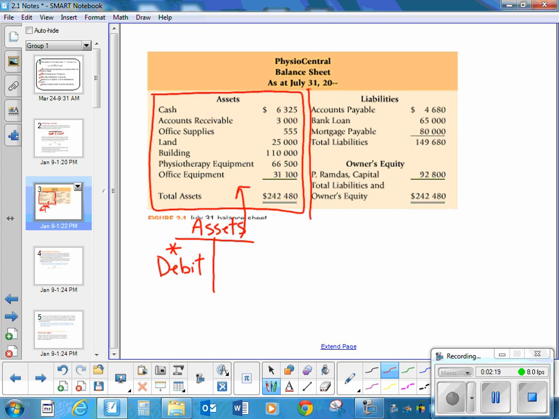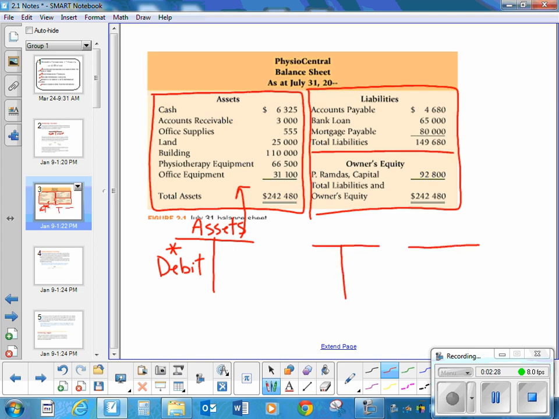Our liabilities and our owner's equity are located on the right side. So they're going to look like this. They are going to have normal credit balances, and I'll explain to you what that means in a bit.